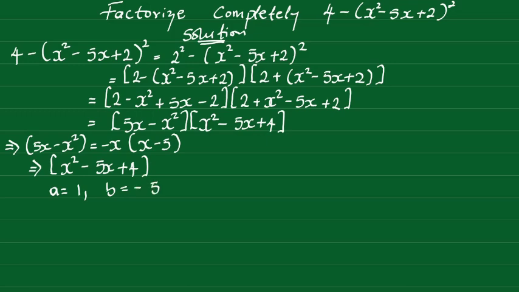And the value of c is equal to 4. Now the factors of c that when added give us b are minus 4 and minus 1. Reason being that minus 4 times minus 1 gives us 4, and minus 4 plus minus 1 gives us minus 5, which is the value of b.